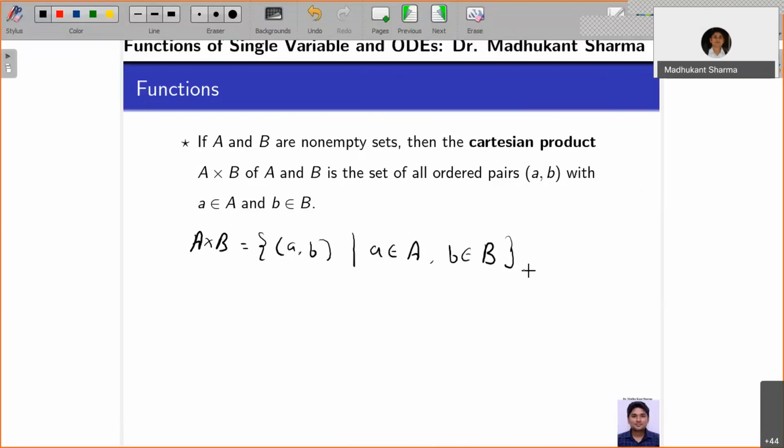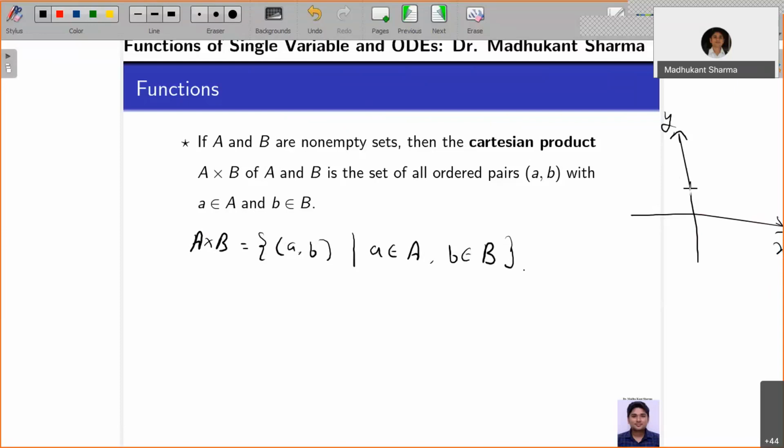If you want to look at real-life examples, or if you want to connect it with the real line, you can talk about the plane R cross R. So you have the XY axis now. R cross R can be identified by the plane.